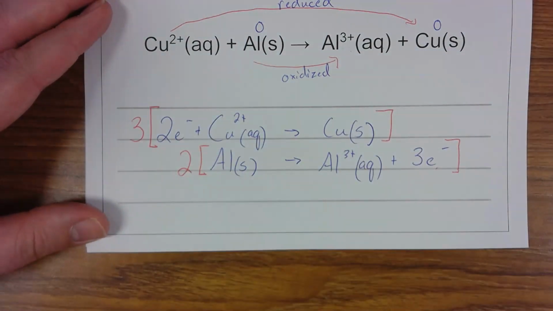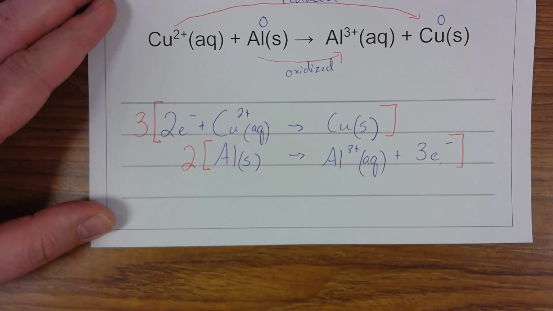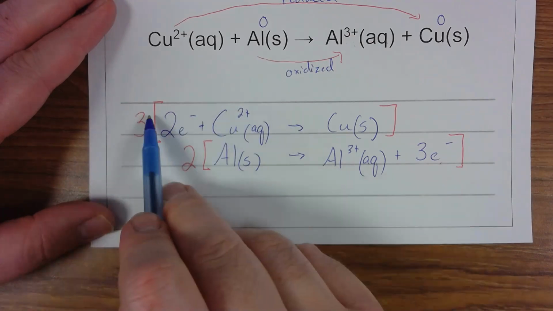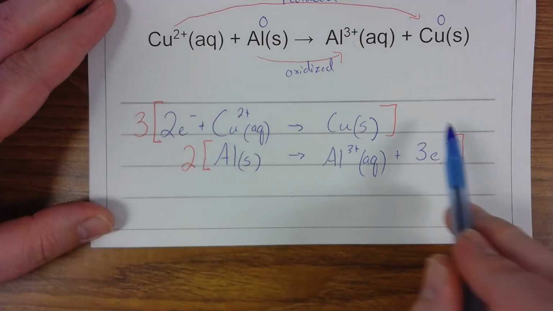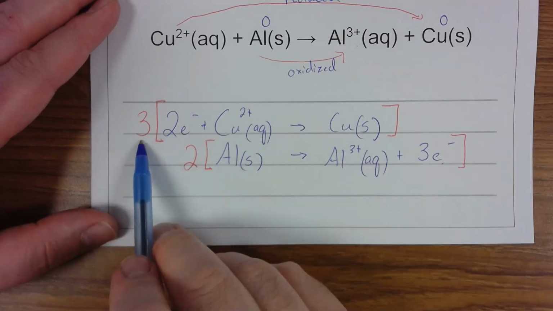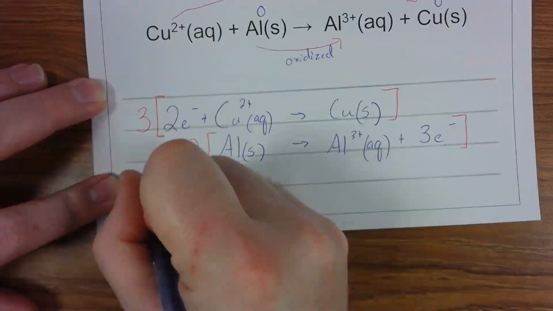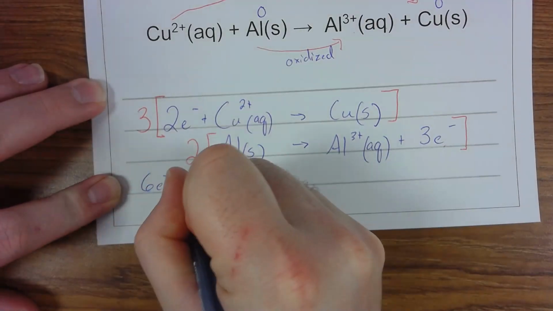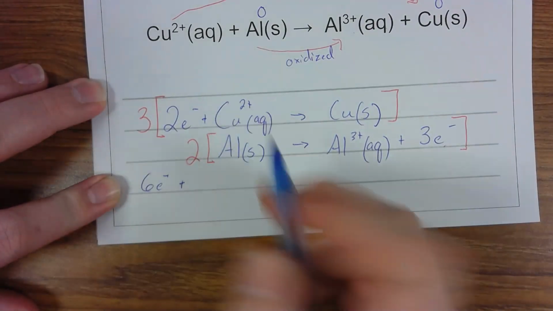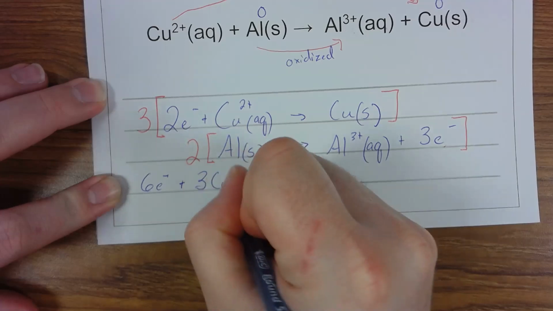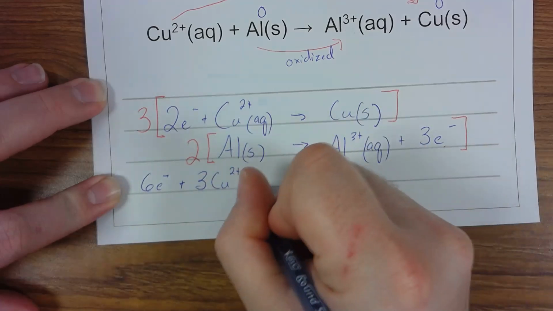And then I'm going to combine everything back together. So all the reactants on one side, all the products on one side. But I'm going to have to multiply things to make that work. So 6 electrons and 3 Cu 2 pluses. They still get the AQ.